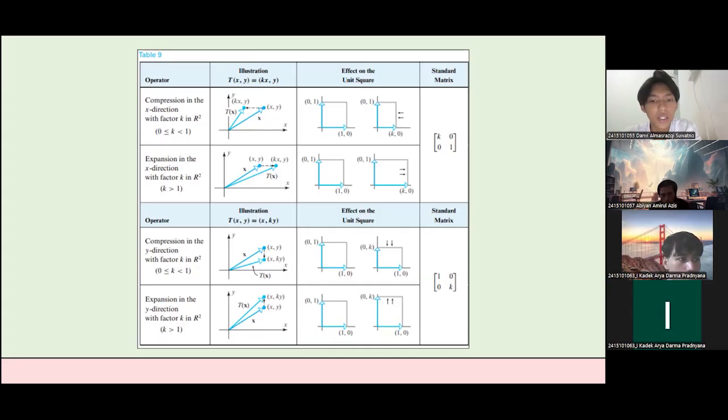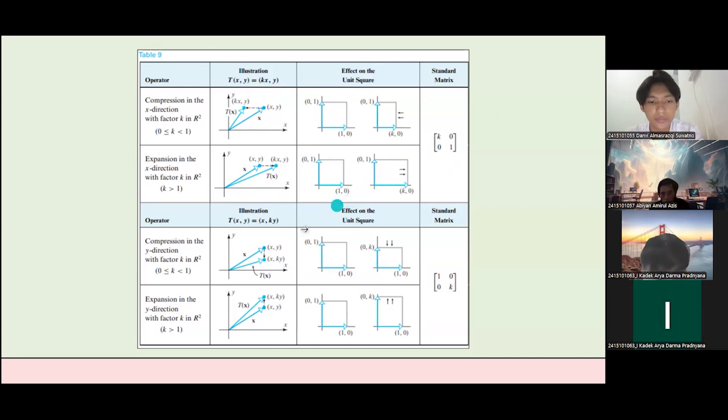When k is less than 1, the object becomes narrower horizontally, as we can see in the illustration here. And if k is more than 1, like in the second row, the object becomes wider. The transformation along the x direction has a standard matrix of k, 0, 0, 1.